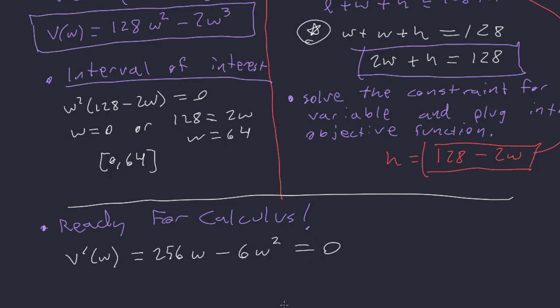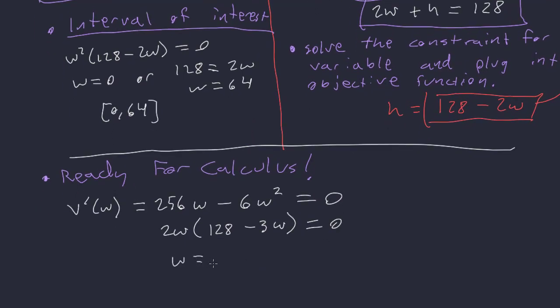I'm going to set this equal to 0 and solve for w, and we will do that by factoring. We can take out a 2w, so we'll end up with 2w times 128 minus 3w. That's set equal to 0, so we get that w is 0, or 128 is equal to 3w. So 128 divided by 3 doesn't come out to be very nice, right?